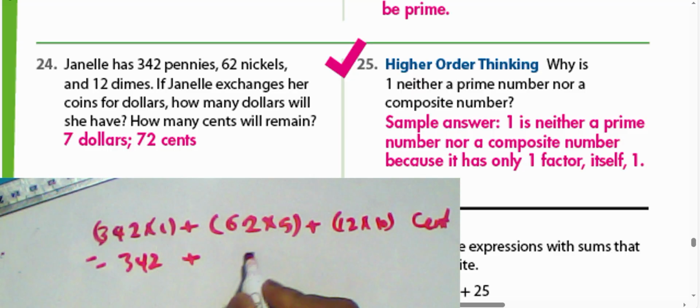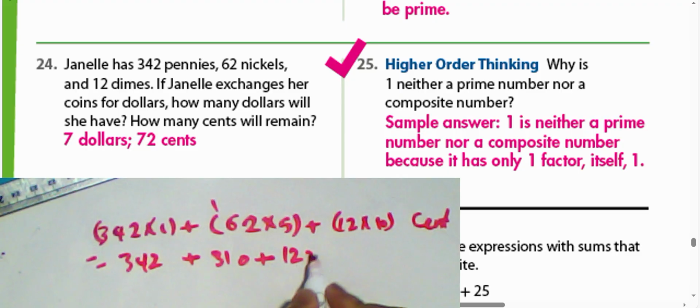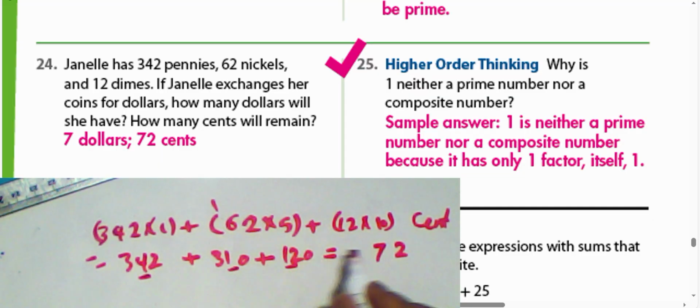342 plus 310 plus 120: 2 plus 0, 2; 4 plus 1, 5; 3 plus 3, 6 plus 1, 7. The answer will be 772 cents.